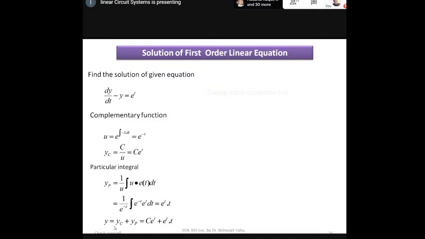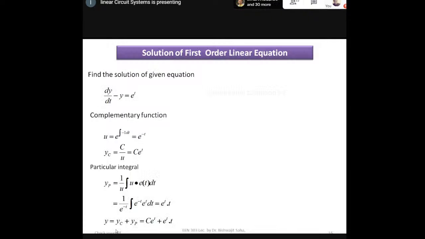So the final solution of the given example is y equals yc plus yp, that is c e to the power t plus e to the power t multiplied with that t. All right. Any question? Sir, bracket t means e to the power t.